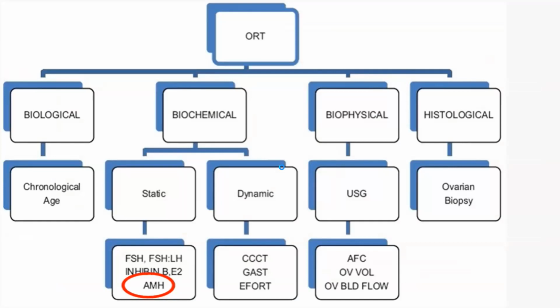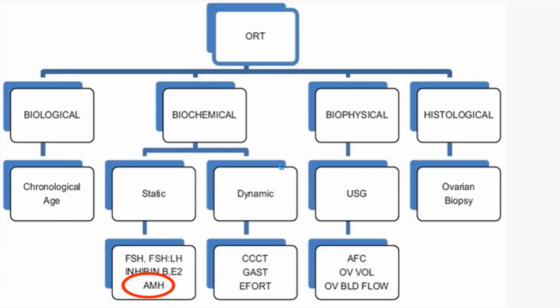But there are some other categories of ovarian reserve testing, including biological tests, the most important of which is the chronologic age of the patient. Also biophysical, which is ultrasound detection of the antral follicle count in both ovaries.